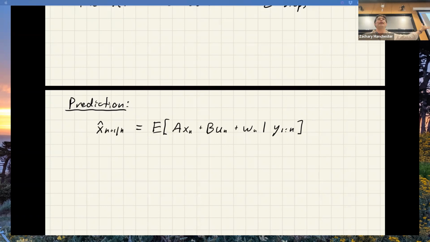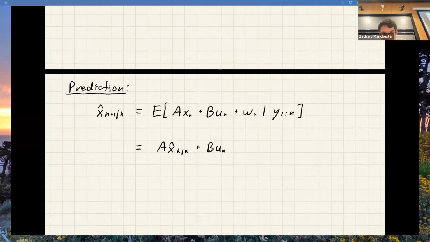So it's just A times expectation of x, right? If I summarize all that, I get at the end of the day just this. I basically get the expectation of x k given y 1 through k multiplied by A, and then the B u term, and then the w term is 0 mean, so it goes away. So that's easy enough. The prediction on the state is I just plug the old state into the dynamics as if they were deterministic.